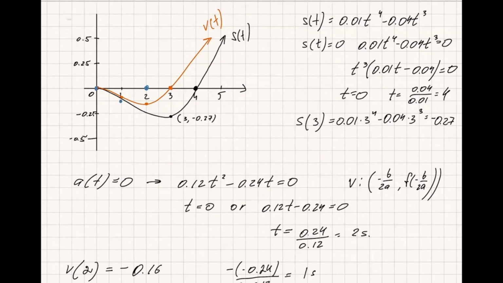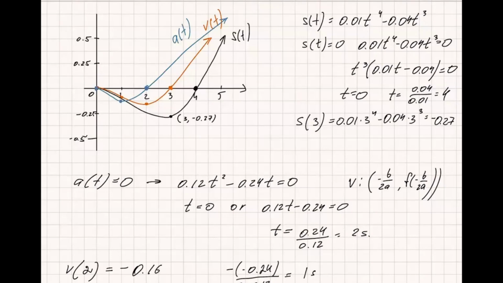So now I will just connect these points, and I can technically even continue that to 5 seconds, right? Something like this. And this is my acceleration function. So these are all three graphs that we have.